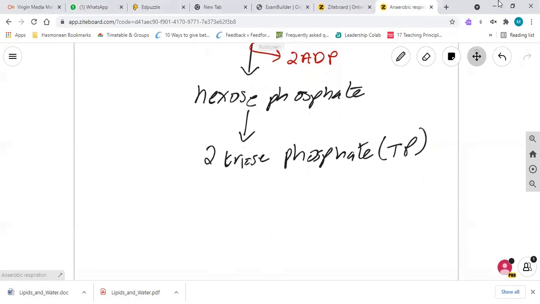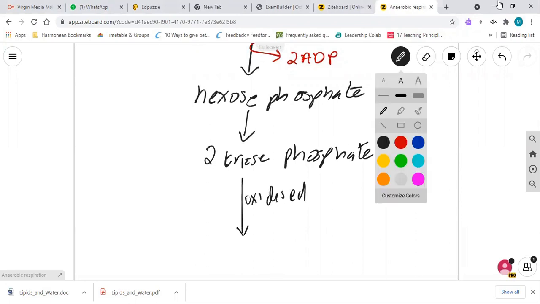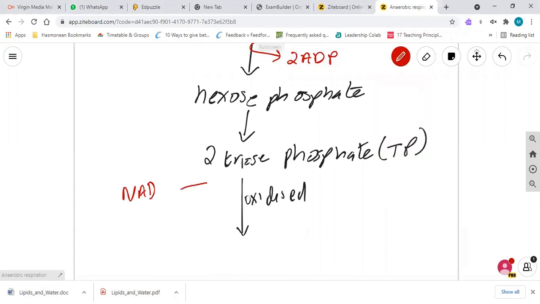That triose phosphate will then be oxidized, and in that process it's going to release hydrogens, which are going to be picked up, if you remember, by your NADs.